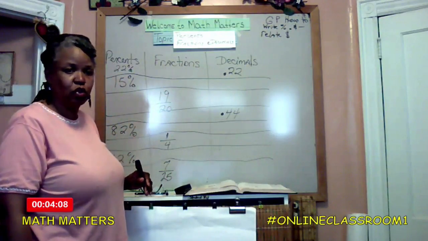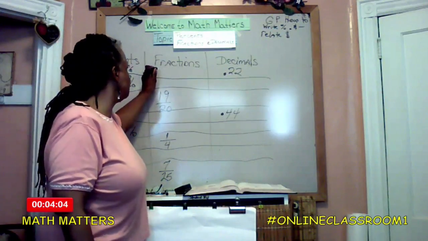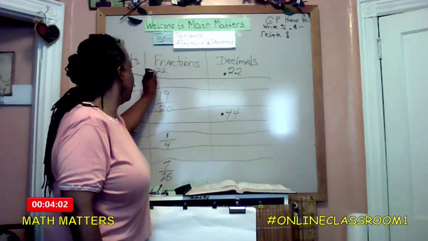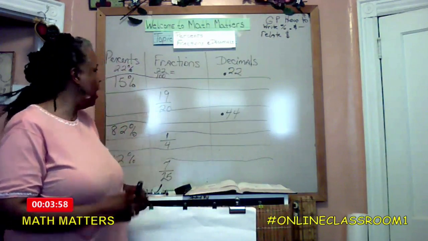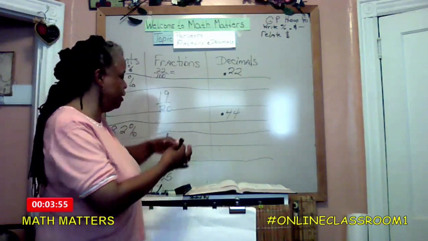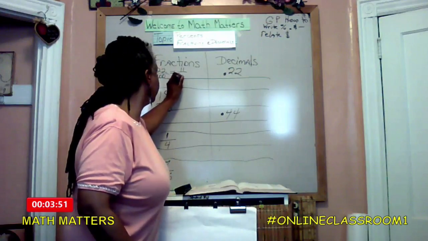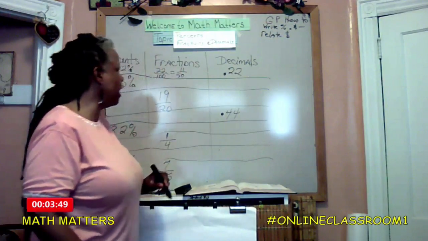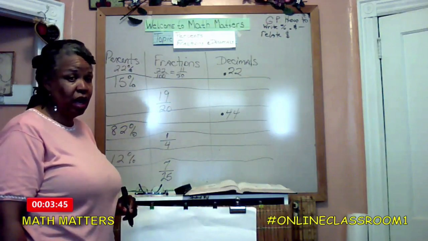And if we look at the fraction, all we've got to do is put that 22 out of 100 and reduce. I see a common 2 here and a common 2 there. It's 11 out of 50. That's what the fraction looks like. Make sense? I hope that's what you got.